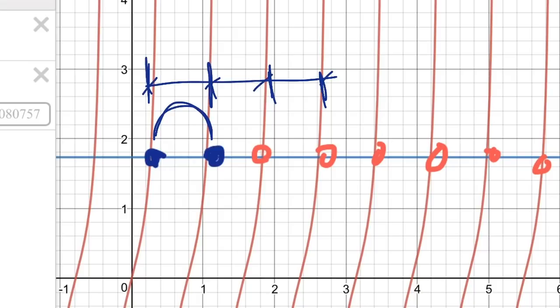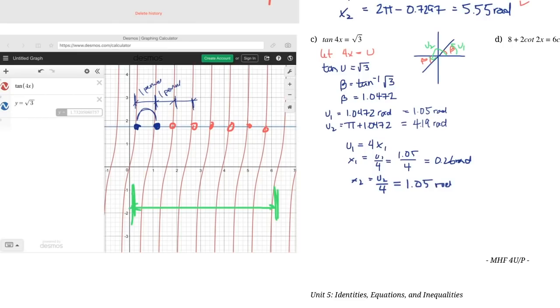So if we knew the period of this function, if we just added one period each time, so this is one period here, this is one period here, if we kept on adding one period, we should be able to find those answers. So this is where our knowledge of function transformations comes into play.